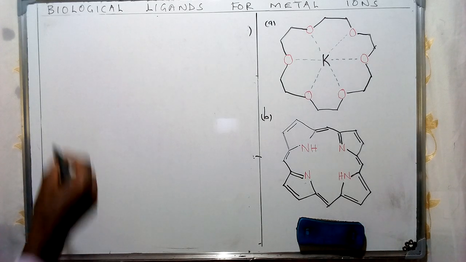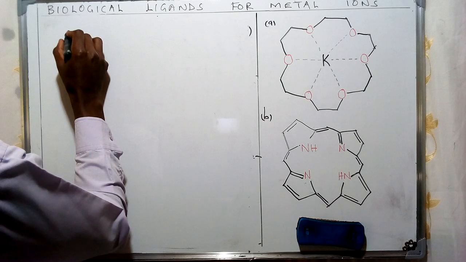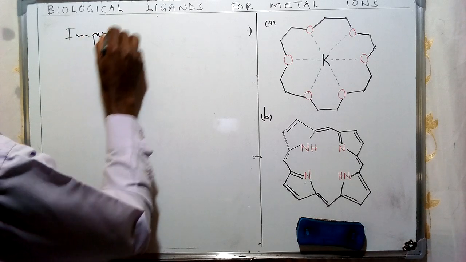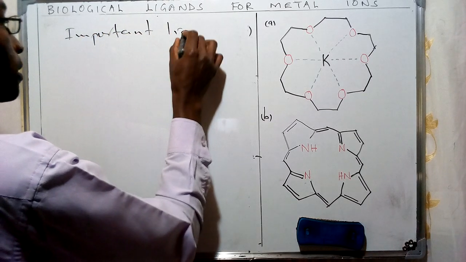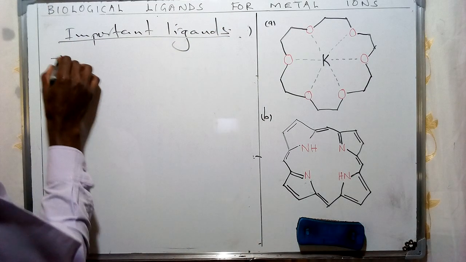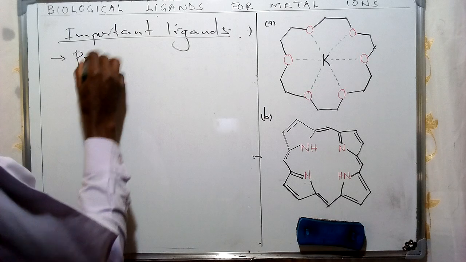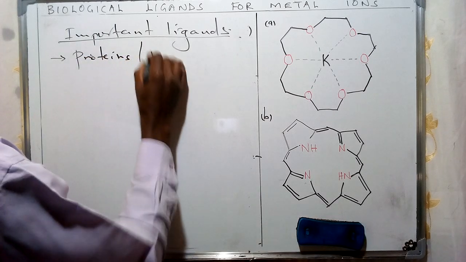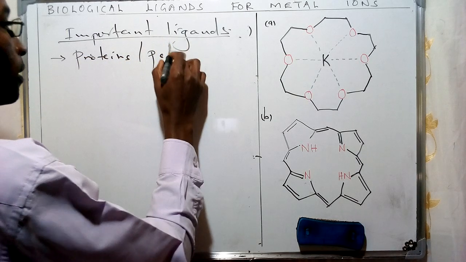So in a sense, we're going to have specific ligands, important ligands which we're going to come across, and in particular I'm just going to give 3 of them. The first one is going to be proteins, or what we can give as peptides.